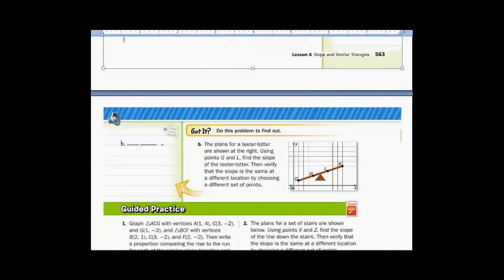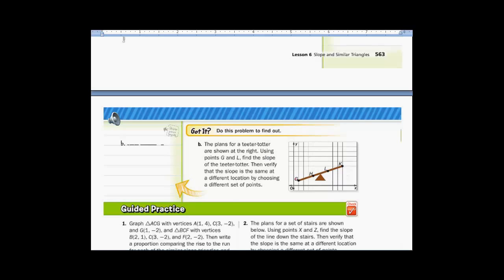Last one. The plans for a teeter-totter are shown at the right. Using points G and L, find the slope of the teeter-totter, then verify that the slope is the same at a different location by choosing a different set of points. So again, you can use slope formula, just like what we just talked about, or really it's already plotted on a graph. Why would you not just count them?